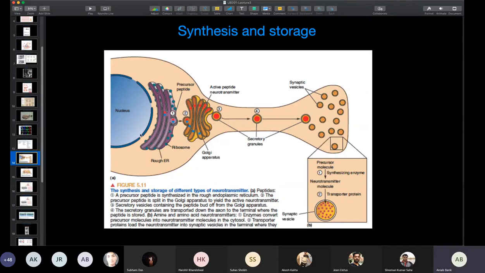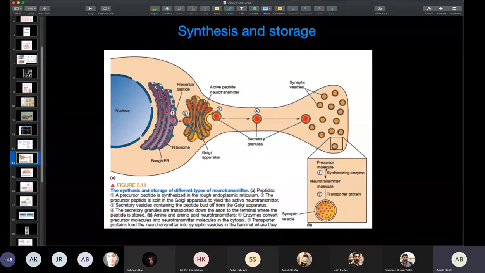As we talked about, it comes from the mRNA, gets translated through the ribosomes, and is then packed into neurotransmitter vesicles, and the vesicles go to the axon terminal. There is also some processing: they need a precursor molecule, which is basically the protein that is synthesized and comes here.